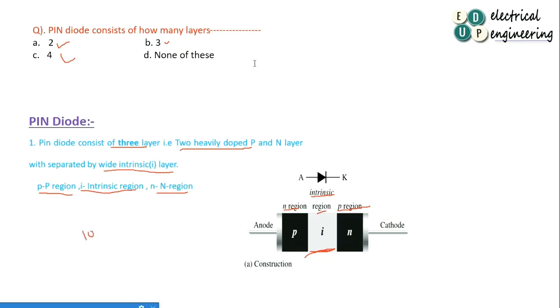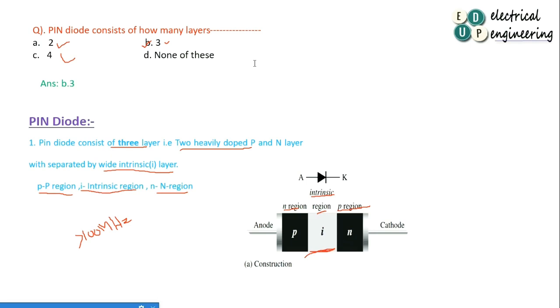Up to 100 megahertz frequency, it acts as a normal diode, but above 100 megahertz frequency, it acts as a switch or a resistor. In reverse bias, the PIN diode acts as a capacitor. Now the correct option is B, which is 3.